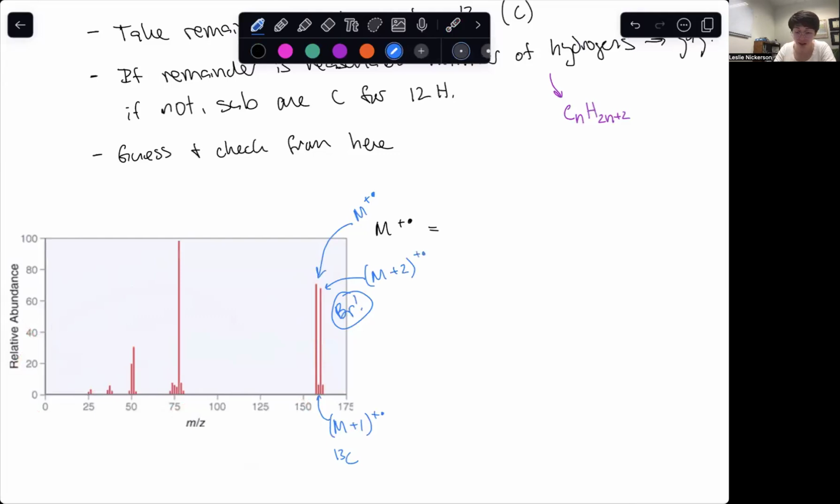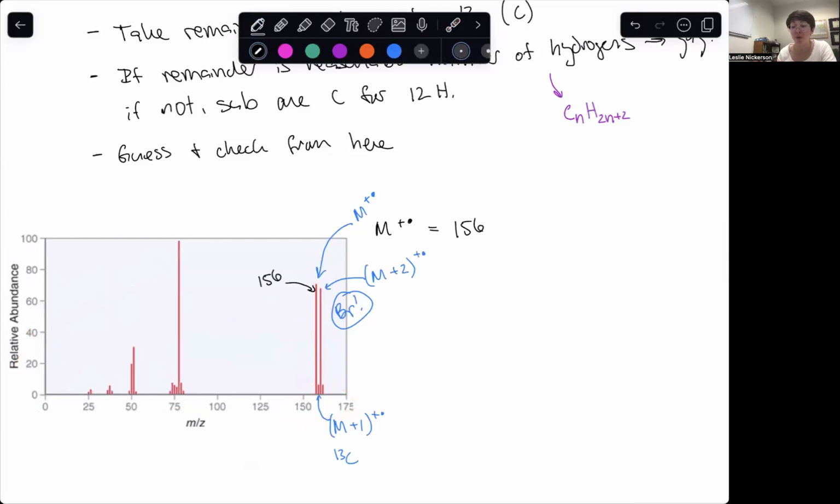In this case, the axis is definitely not well labeled, so I will tell you what the number is supposed to be. The number is supposed to be 156. So we're going to use a molecular ion peak of 156, which is this one.